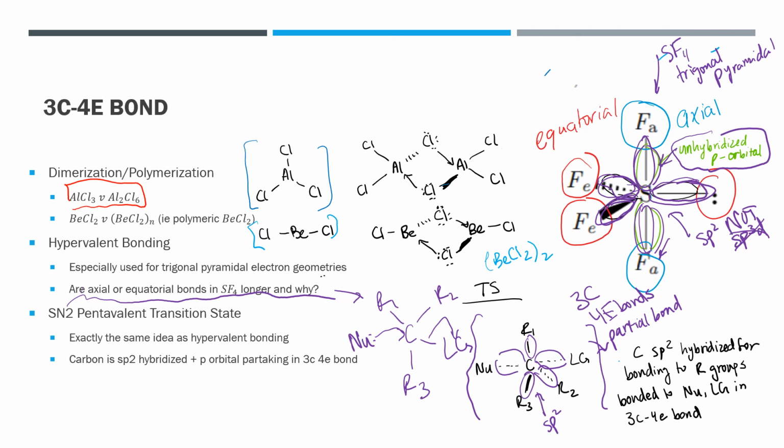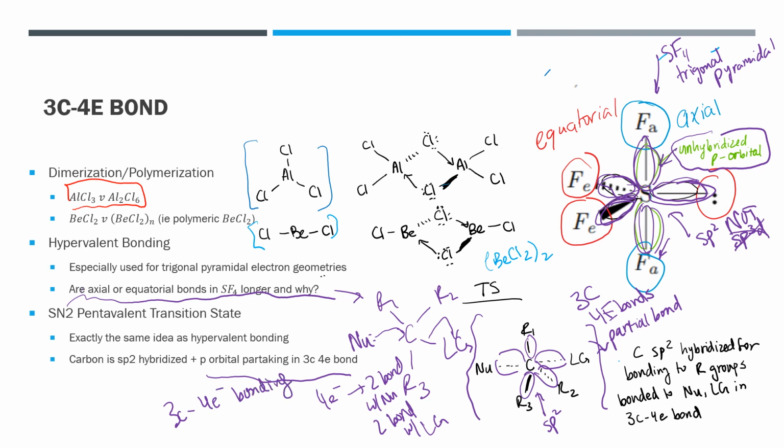And just like with our sulfur and fluorine bonds, right, we have this p orbital partaking in a 3 center 4 electron bond. We have 4 electrons. We have the 2 from the bond with the nucleophile and 2 from the bond with the leaving group, right? And we have the 3 centers. We have the nucleophile, leaving group, and carbon, right? And that's where we get our 3 center 4 electron bonding.